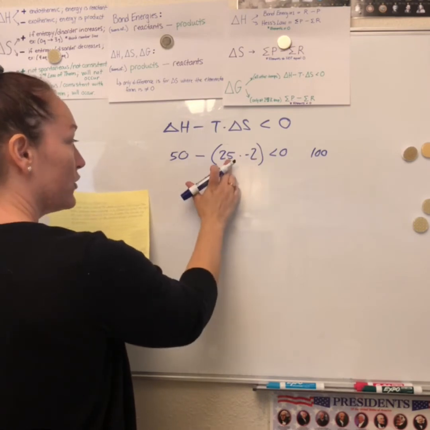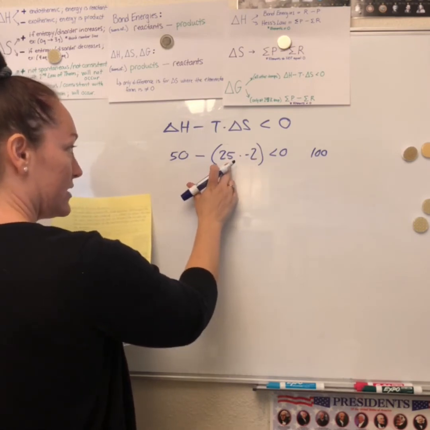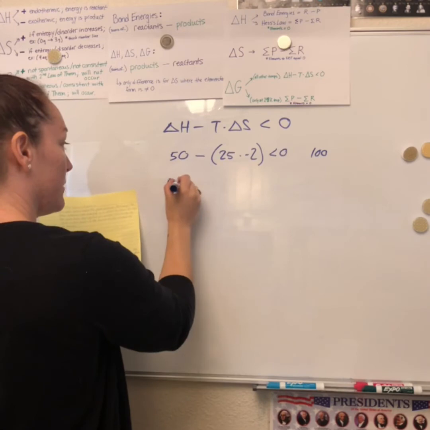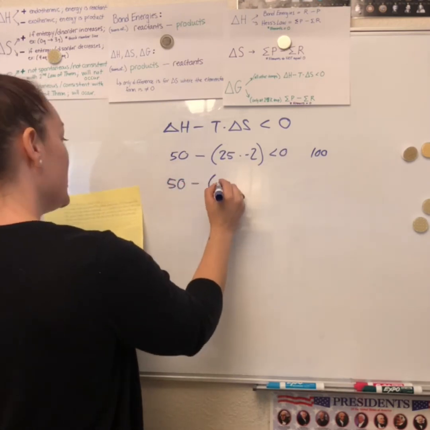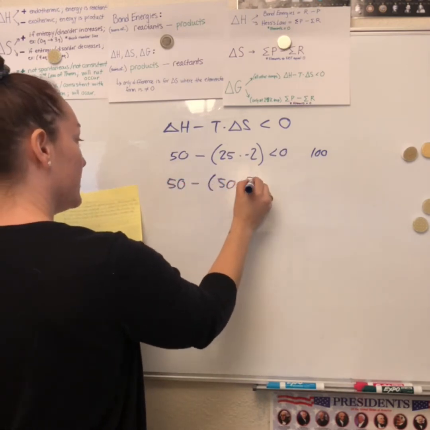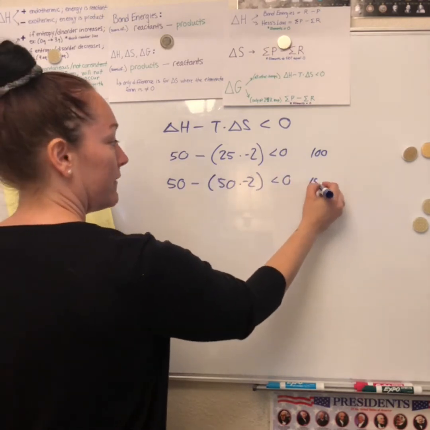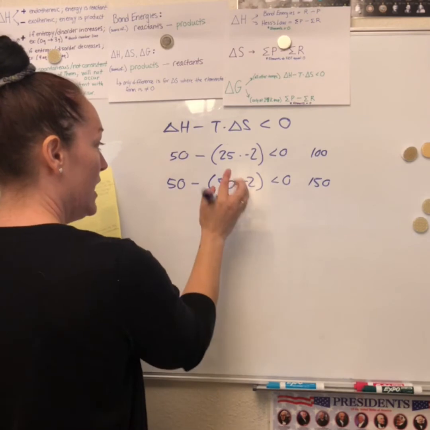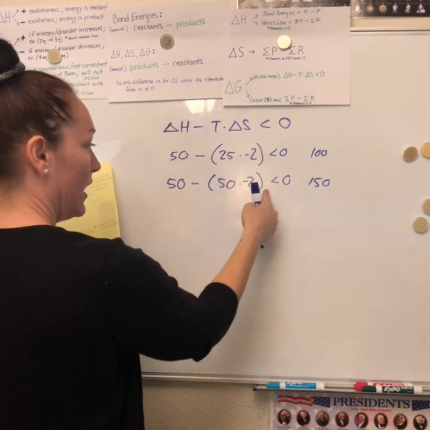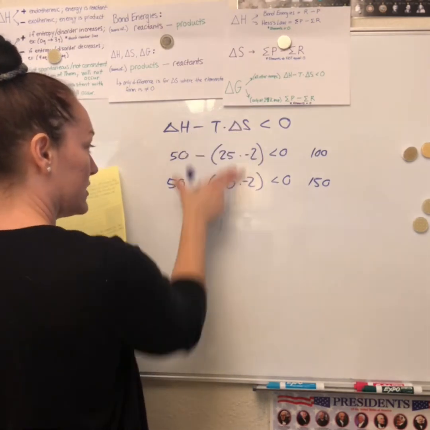Now, let's increase this and decrease this. We want to see what happens as we change the temperature while everything else stays the same. So if I increase it to 50, let's say, then my outcome is going to be 150 over here, okay? So as I increase the temp, I also increased this whole side.